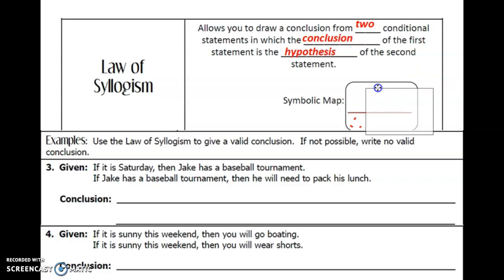So symbolically, this looks like, I have an if-then, if P, then Q. And then my second statement is if Q, then a new thing, R. Because the conclusion of the first is the same as the hypothesis in the second, because they match, I am cutting out the middleman. And I'm saying, if P, then R occurs.